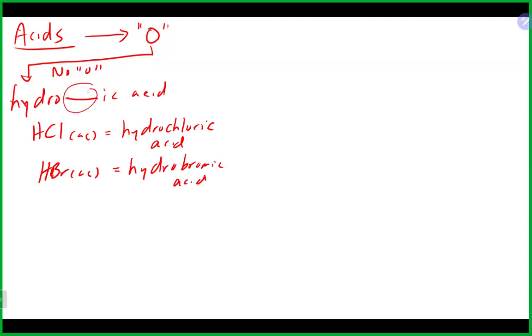The missing part is the negative ion that's attached. For all acids, the cation, or the positive ion, is H+. The positive guy for all acids is H+. That's because that's pretty much the definition of an acid, as we'll talk about: the ability to give away that H+.